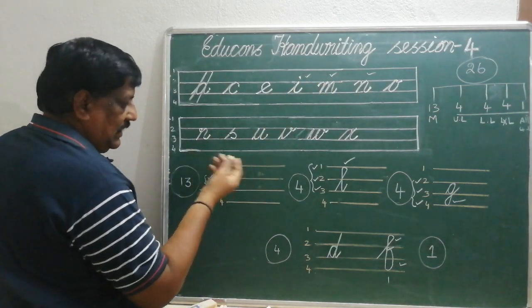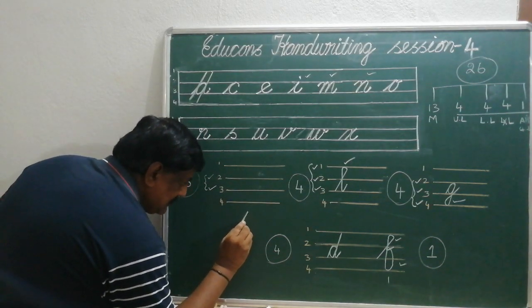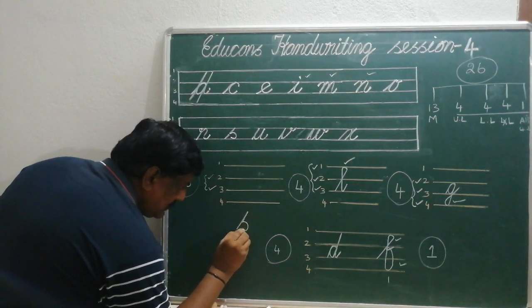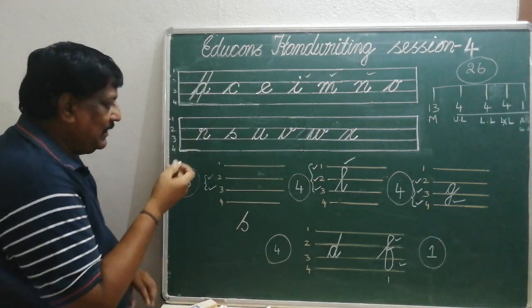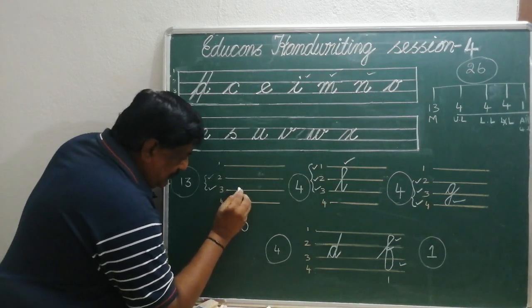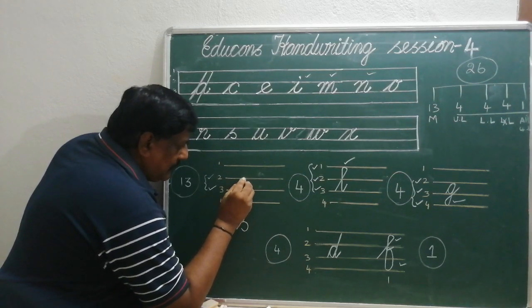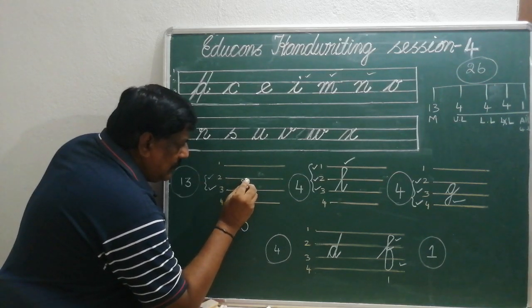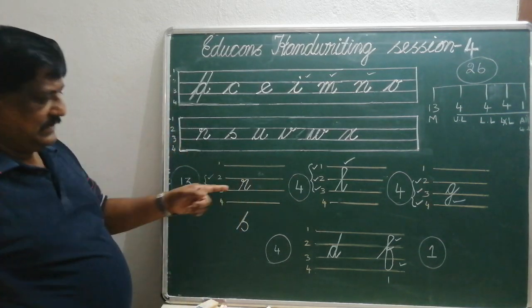Normally we are not using this. See, coming like this, in the middle, make a stroke. And R, normally children need some support for R. I will just do it here. Go from here, make two lines.